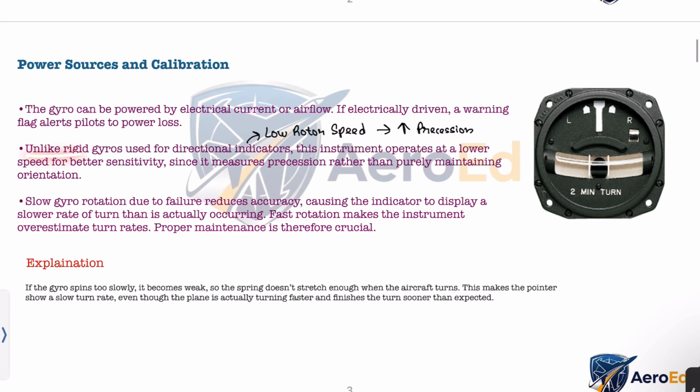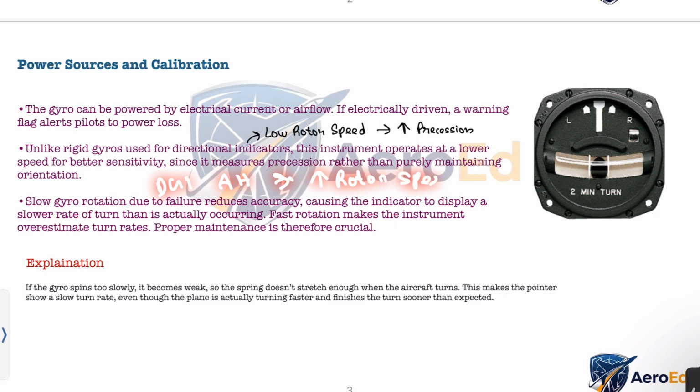Unlike rigid gyros used for directional indicators, the instrument operates at a lower speed for better sensitivity, since it measures precision rather than purely maintaining orientation. So what this statement is saying is that in the previous videos we have seen that the DGIs or the artificial horizon, everything requires a high rotor speed, because high rotor speed increases the rigidity, right?